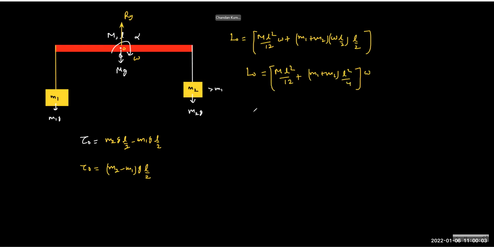Therefore, on differentiation, the torque will have alpha; just change the omega into alpha. And then you equate it.